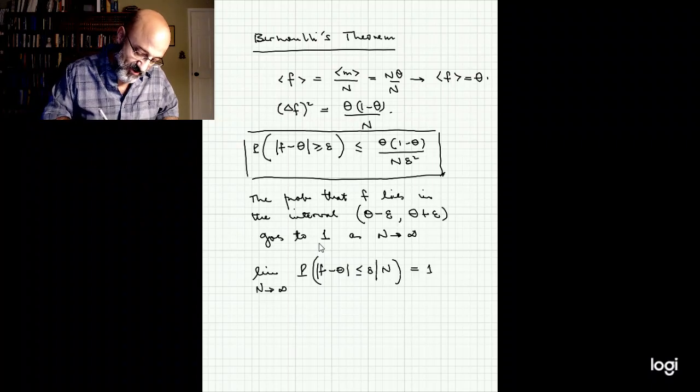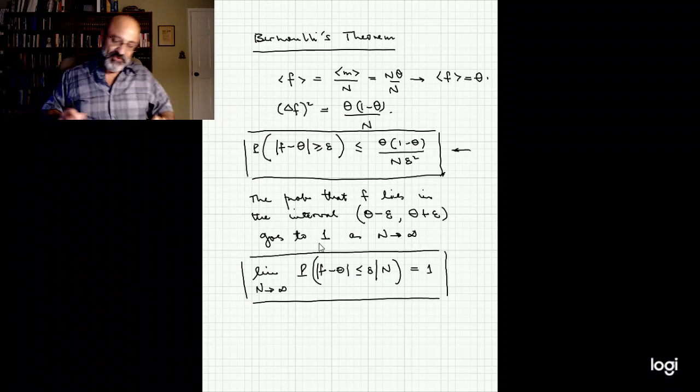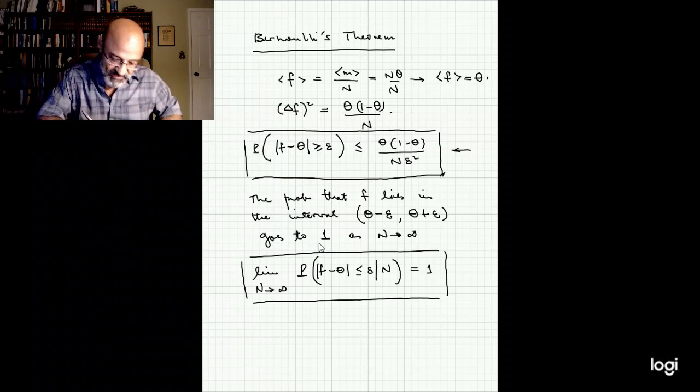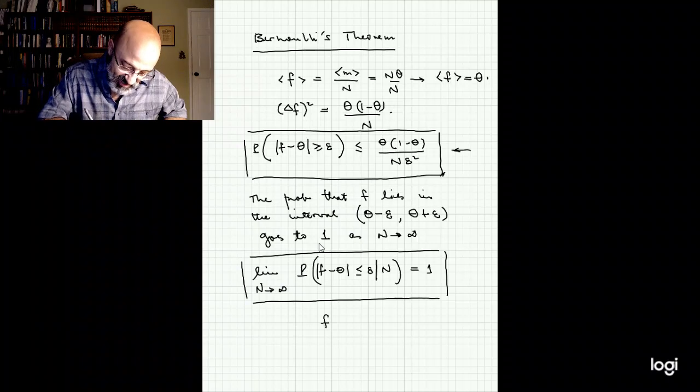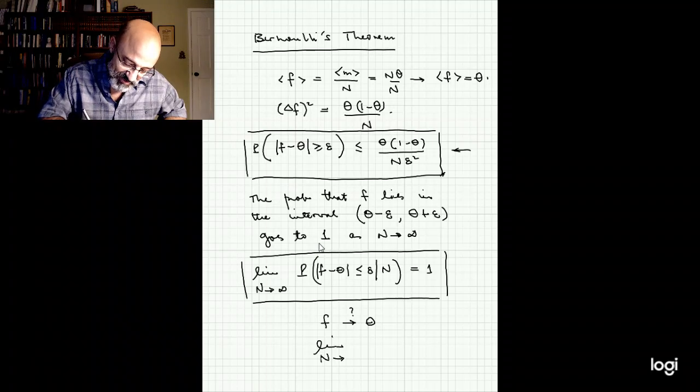So that's another way to write that formula when we only focus on the limit for large n. Does this mean that f goes to theta? Does this mean that the limit as n goes to infinity of f is equal to theta?